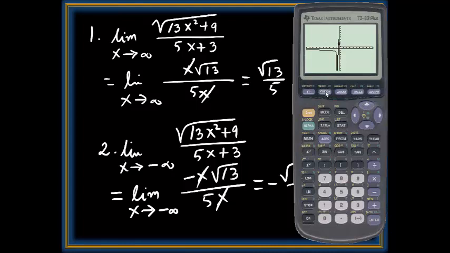Now let me take a window a little bigger so that I can test for large values of x and see what happens. Graph it again, and then trace at, say, 99. See that the value is coming out roughly 0.72, keep it in mind, and we'll check our answer.